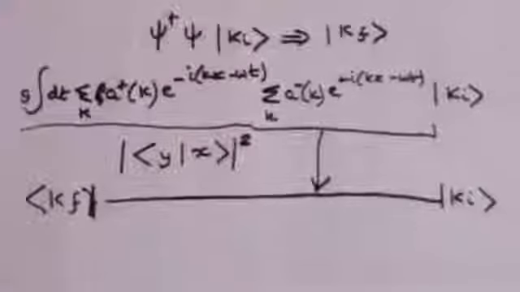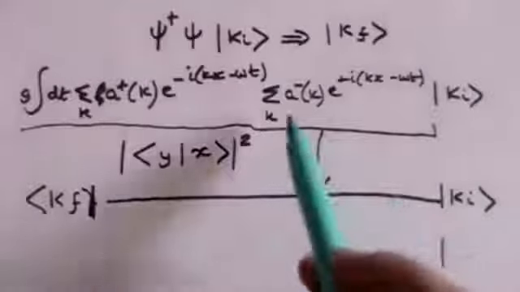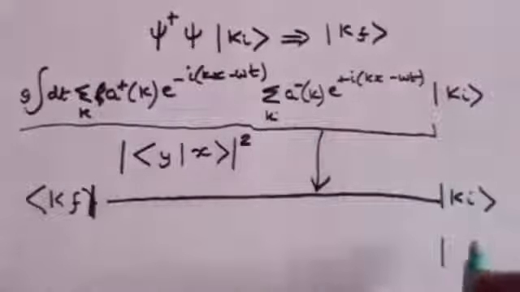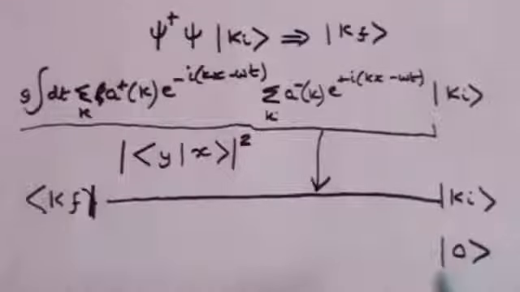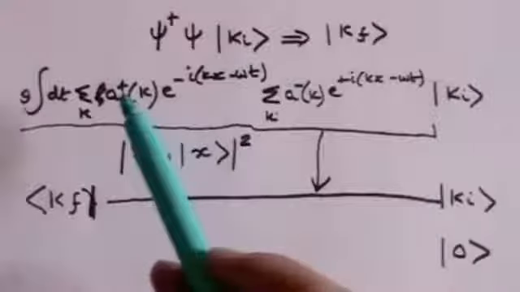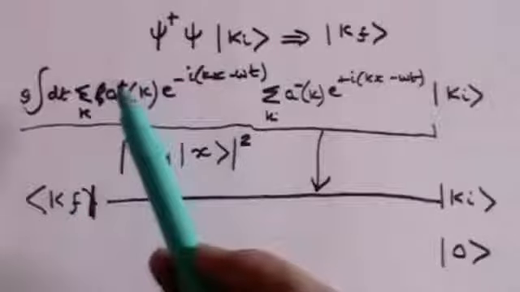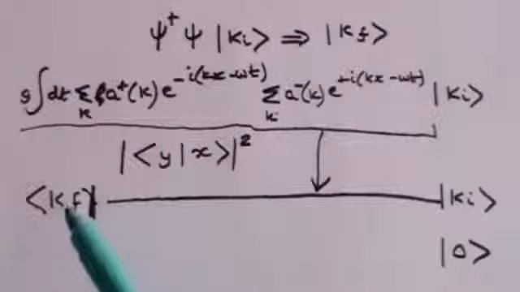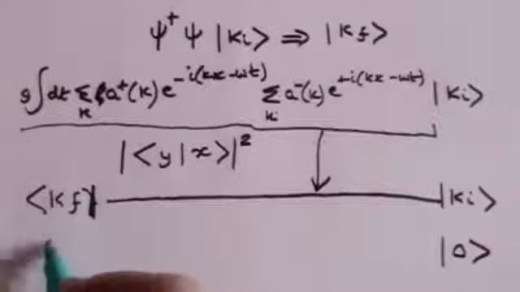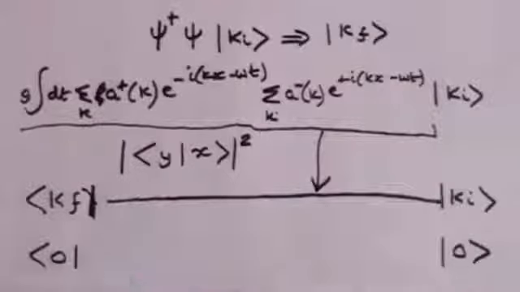So the effect of A minus on Ki is to annihilate it and give you the vacuum, and that's the state 0. We also showed what the effect of A plus acting on a bra vector is. A plus essentially is the reverse, and A plus acting backwards on a bra vector Kf also produces the state of the vacuum.